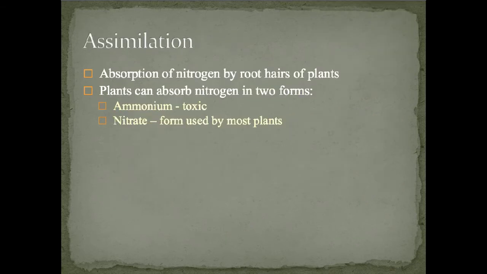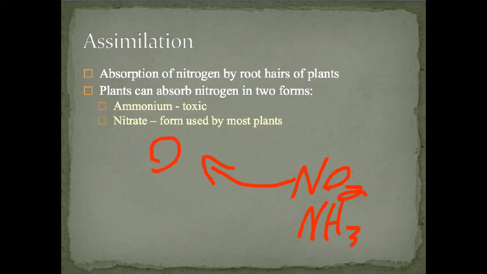So here we have assimilation. Assimilation is where either nitrate or ammonia or ammonium is assimilated into living things. It could be humans or plants. Take my tree again. There's my nice tree.